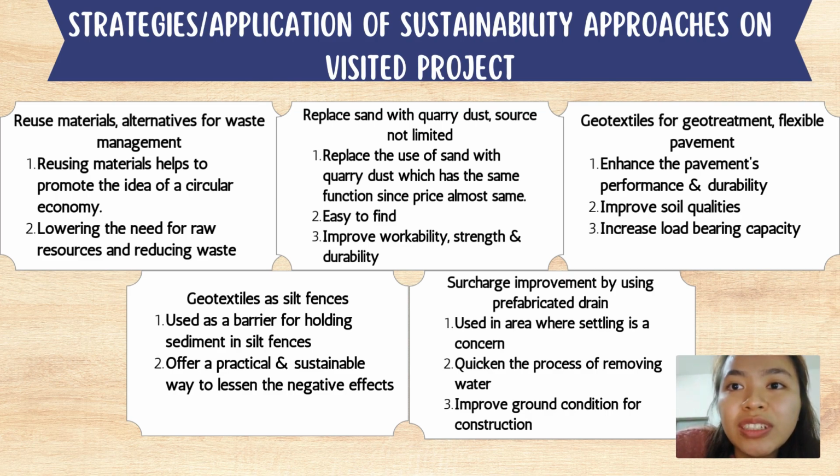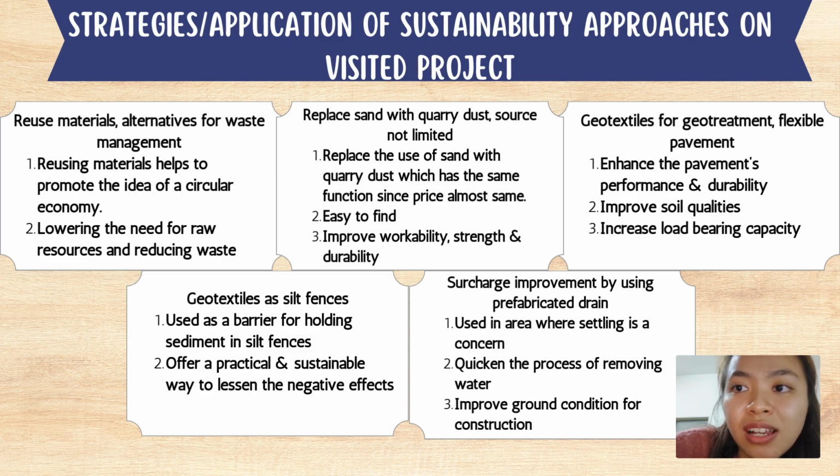The strategies or application of sustainability approaches on the project are, number one, reuse material as an alternative for waste management. Reusing material helps promote the idea of a circular economy, and lowers the need for raw resources and reduces waste. Number two is replacing sand with quarry dust, whose source is not limited. It has the same function, the price is almost the same, it is easy to find, and it also improves workability, strength, and durability.